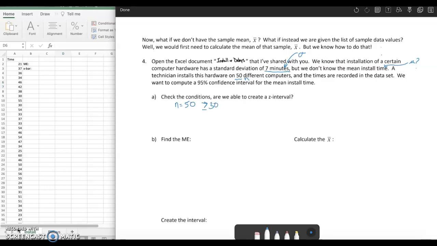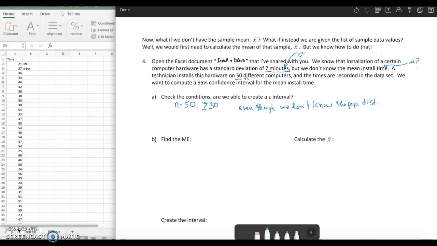So even though we don't know the population distribution is normal, we don't need that unless the sample size is less than 30. So we're good. We've got our condition checked.